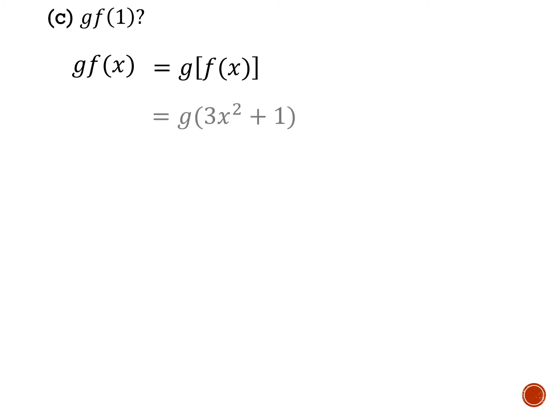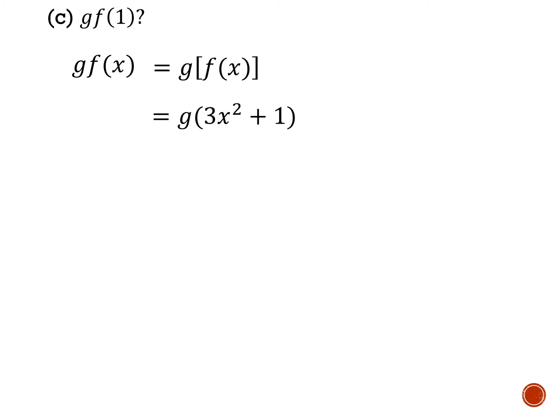For question C, the question asks to find g(f(1)). Before we evaluate g(f(1)), we need to find g(f(x)). It means that the output values of function f are used as the input values for function g. So for g(f(x)), we substitute f(x) into x of g(x), and we get g(3x squared plus 1).